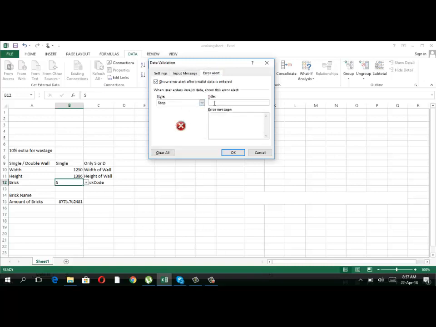For the error message: wrong entry made, please enter S or D again.